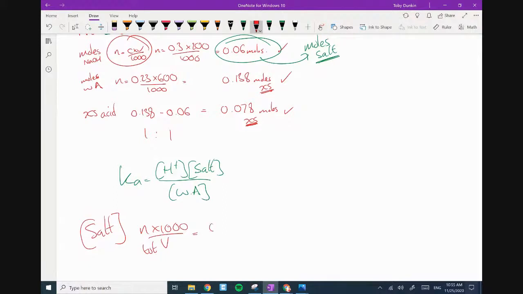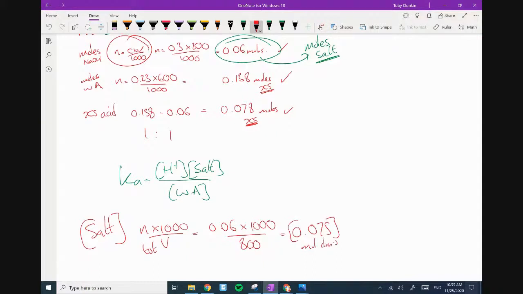So my moles of salt is 0.06 multiplied by 1,000 all over the new total V, I added 200 to 600, which is 800. So 0.06 multiplied by 1,000 divided by the total volume of 800 equals 0.075 moles per dm cubed.